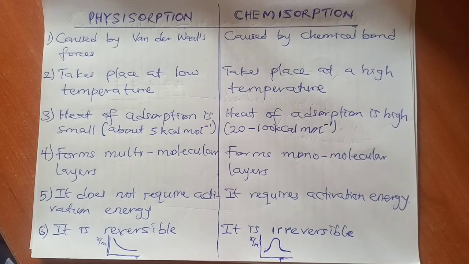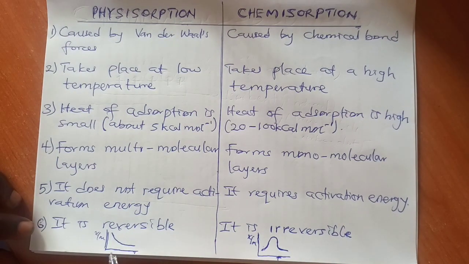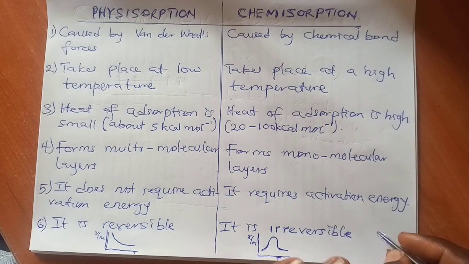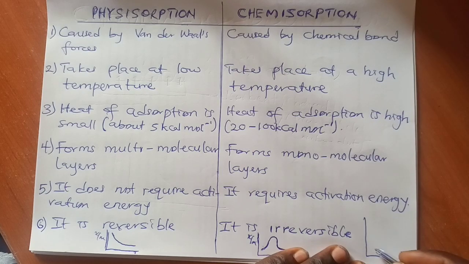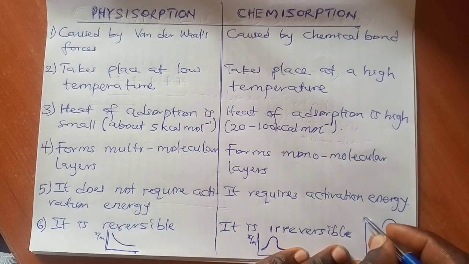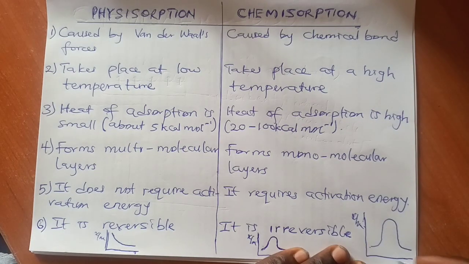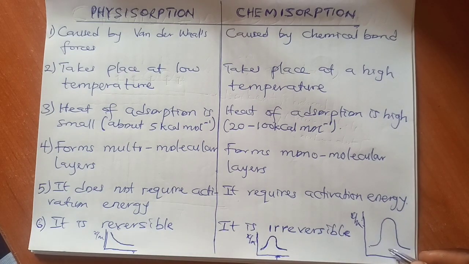Please understand this. The isotherm that comes out from chemisorption comes this way. When you see something like this, you know that chemisorption has taken place. This is what you use to describe a chemisorption process.